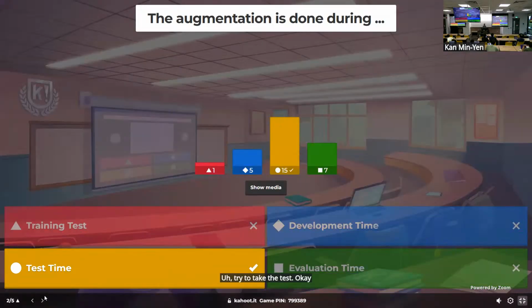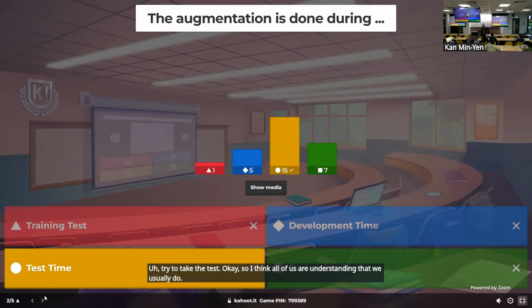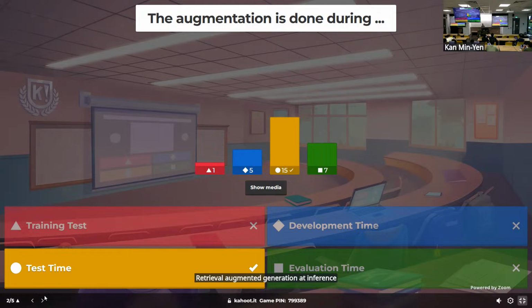Okay, so I think all of us are understanding that we usually do the retrieval augmented generation at inference time or test time, right? We're running decoding to try to generate an answer. You already have a pre-trained model, an LLM, right?